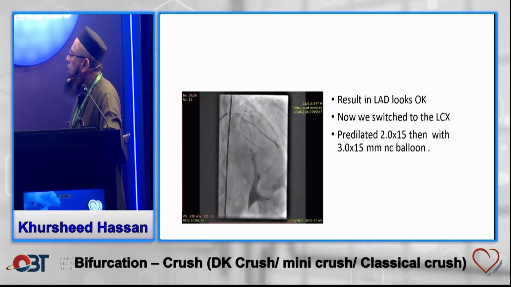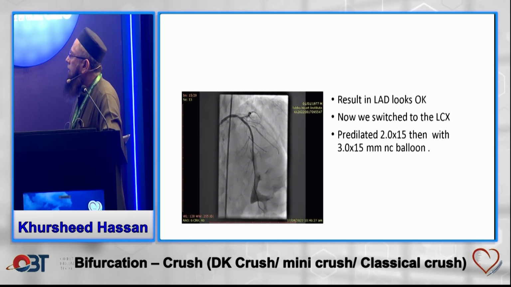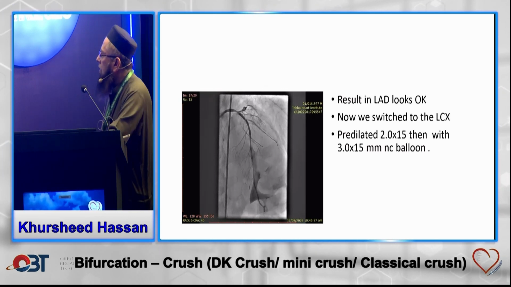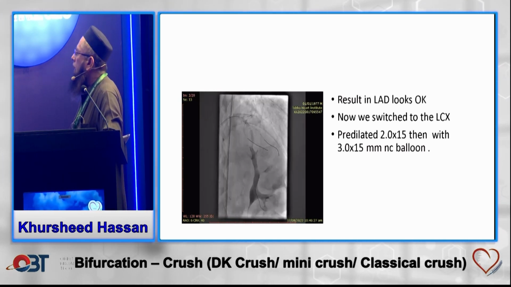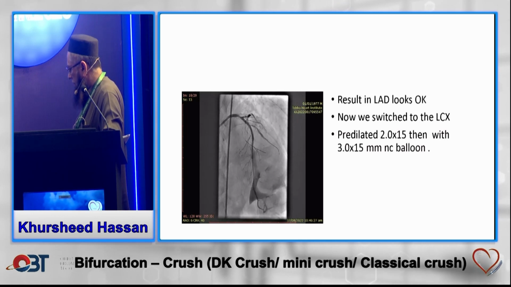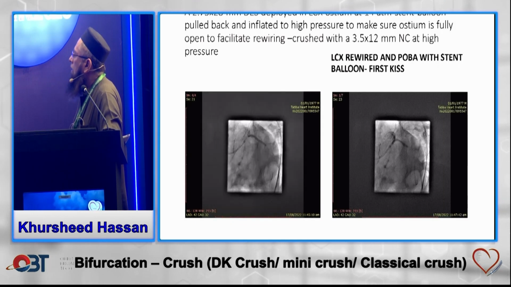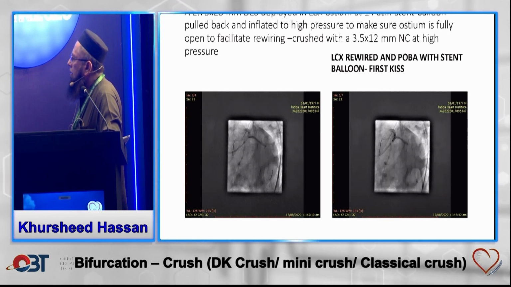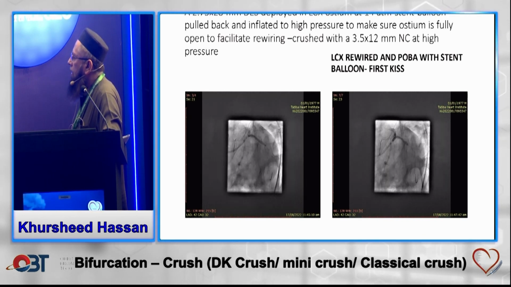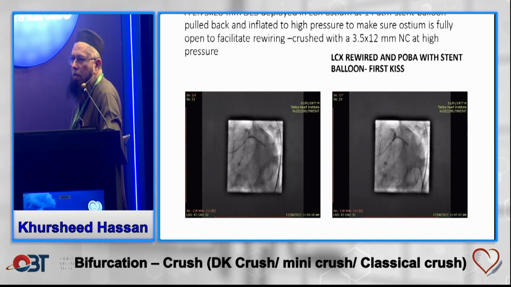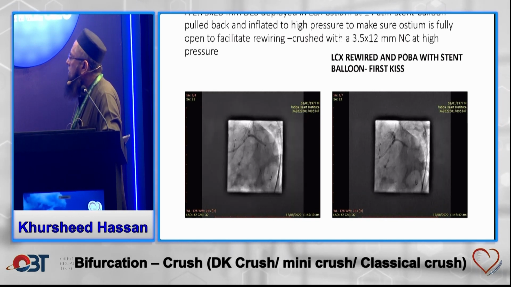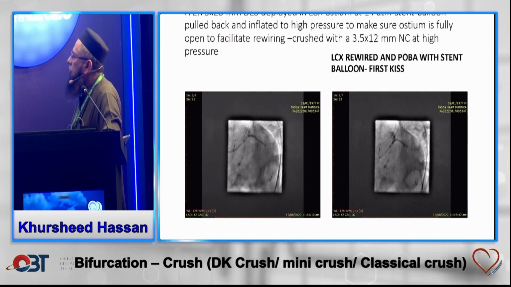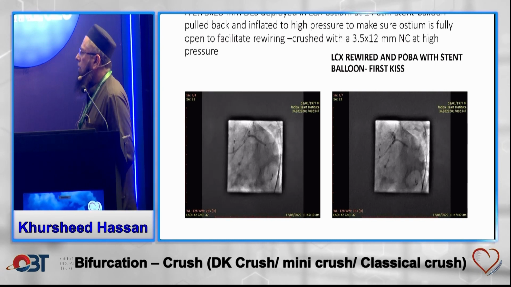So this is the LAD stent, post-dilated, and then we switched to the circ. The circ was dilated with a 2.0 compliant balloon and then a 3.0 non-compliant. And then this is the stent, 2.75 by 28 DES in the circumflex, protruding slightly into the left main, making sure that you have a balloon there.